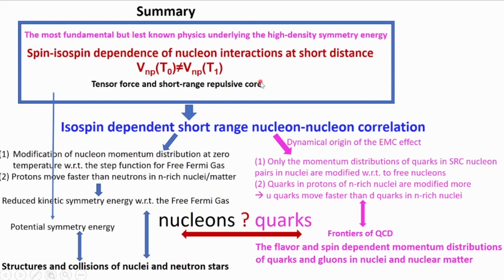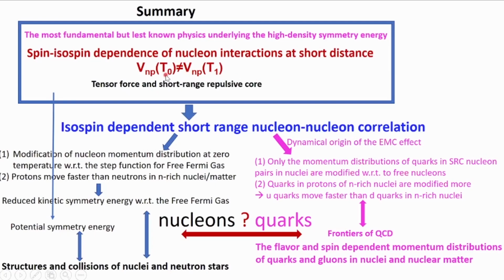To my understanding, the most fundamental but least known physics underlying the high-density symmetry energy is the spin-isospin dependence of the nuclear interaction at short distance. More specifically, it is due to the fact that the neutron-proton interaction in the iso-triplet and iso-singlet channels are different.